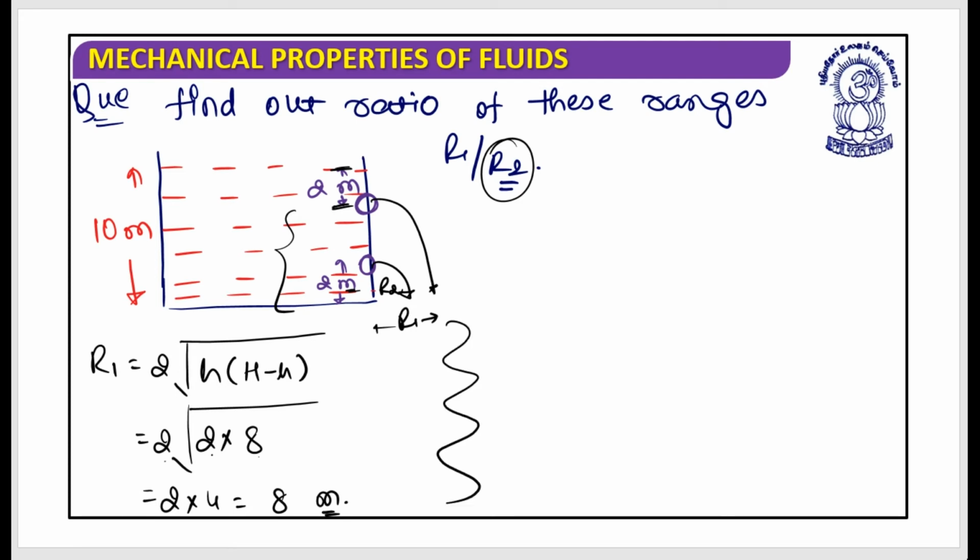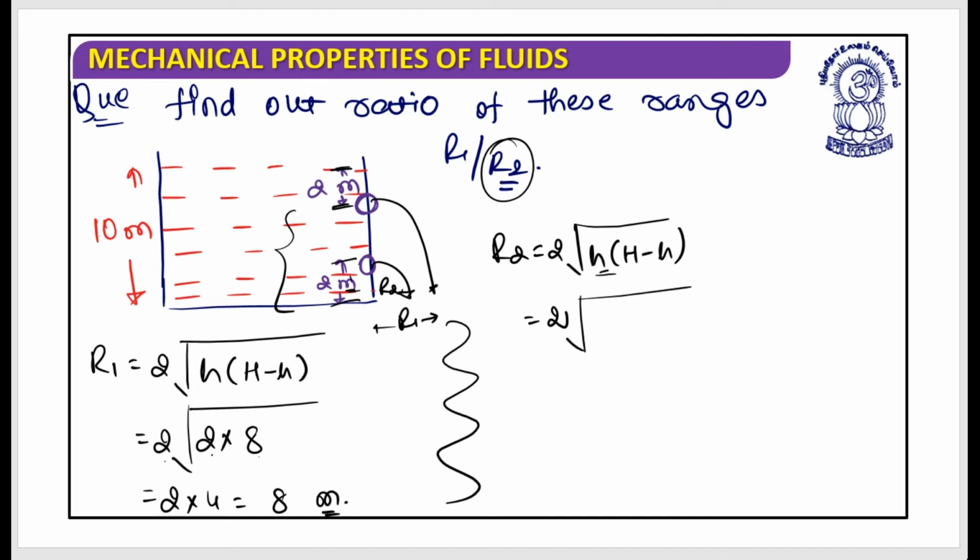And let's talk about the R2, what it is. If I try to find out the R2, let me rewrite. This R2 would be equal to 2 multiplied by h into bracket H minus h. This is equal to 2 under root of this height.